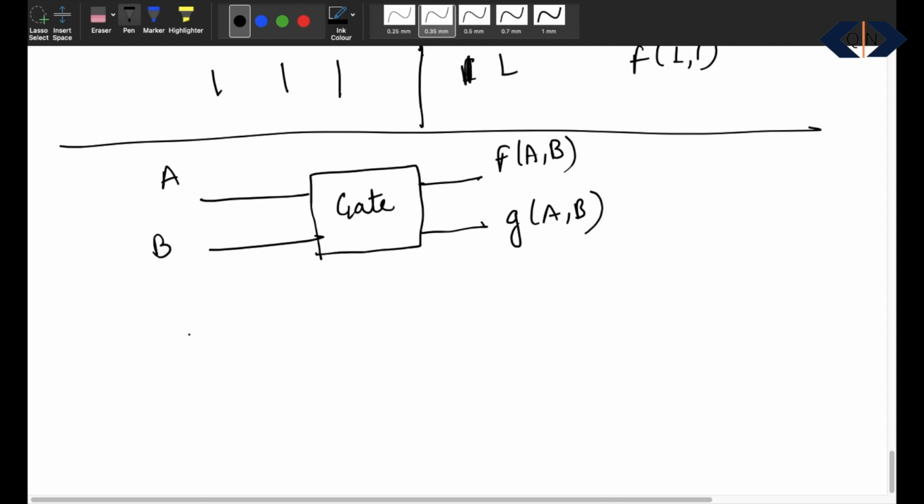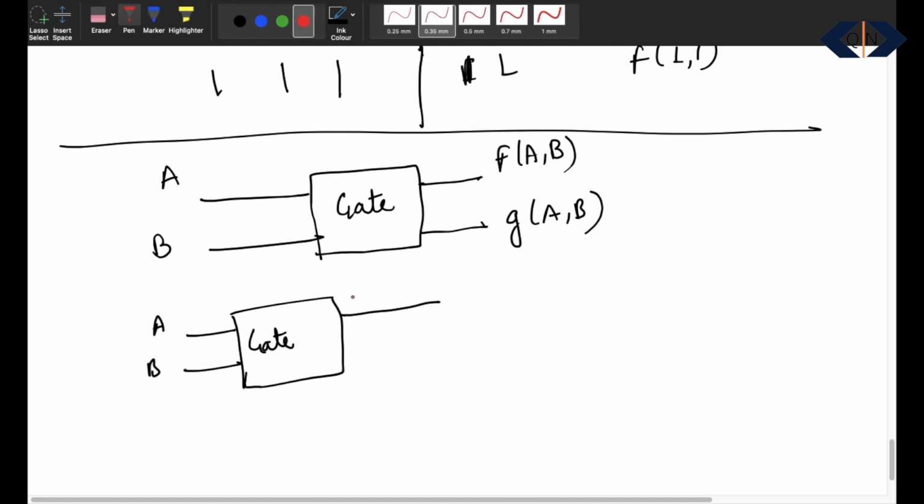So simply this is A, this is B, and here we are having the gate, and let me color it like this. So this is our function of A and B, which will be moving to an XOR gate. Sorry, let me draw it properly.